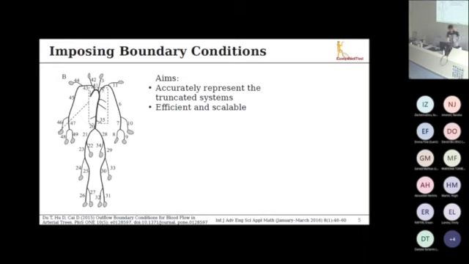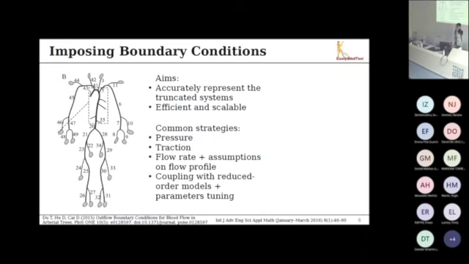a large arterial network. Common strategies include imposing the pressure or the traction at the boundaries. More sophisticated strategies include imposing the flow rate plus some assumptions on the flow profile. And a rather accurate method is to couple the main solver with reduced order models.